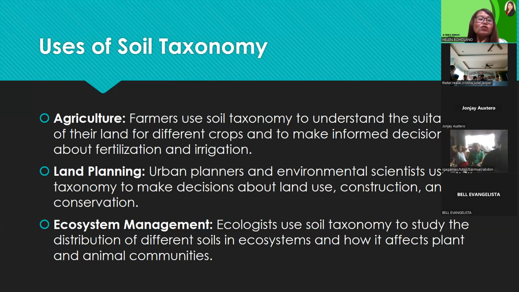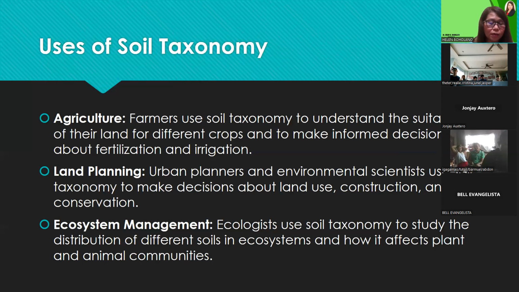Then we also have the uses of soil taxonomy. Mentioned a while ago, it is very useful for agriculture and agriculturists like you. Farmers use soil taxonomy to determine the suitability of their land for different crops and make informed decisions about fertilization and irrigation.